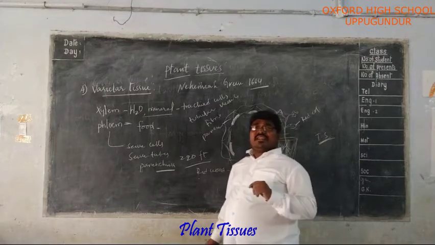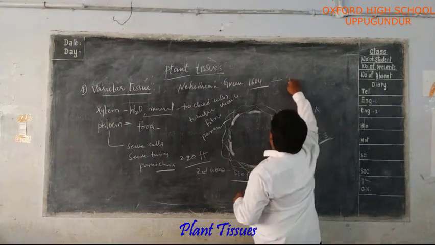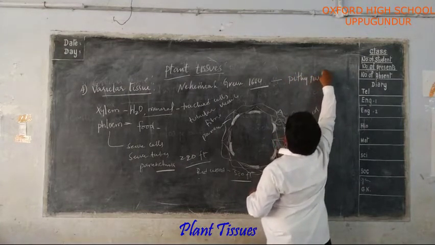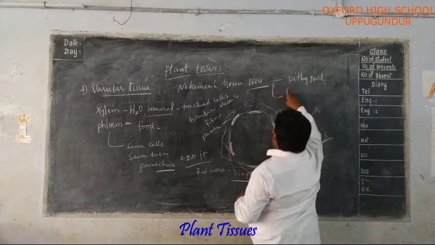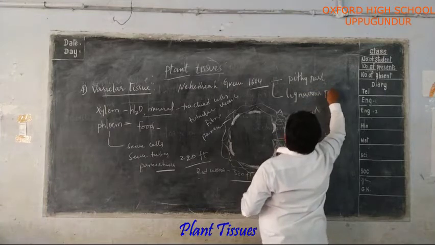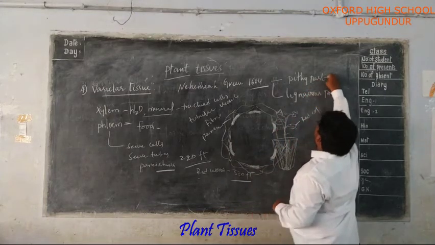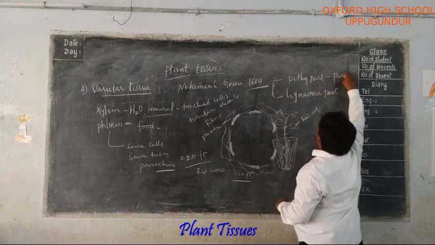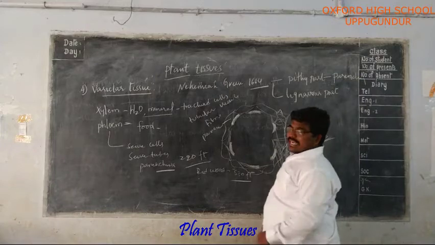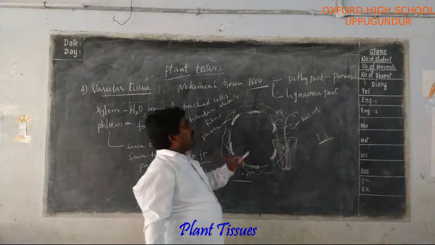He noticed that every plant organ has two types of parts: one is the pithy part and another is the ligneous part. The pithy part is known as the parenchyma. He studied the different types of tissues in the plant body.